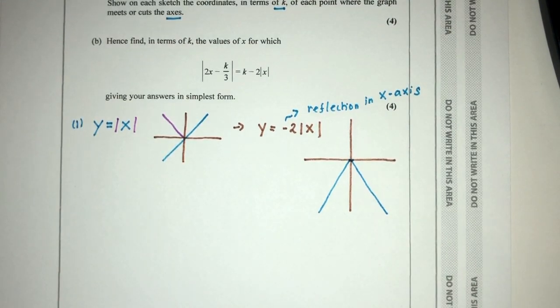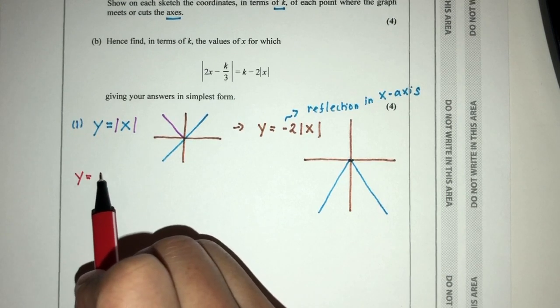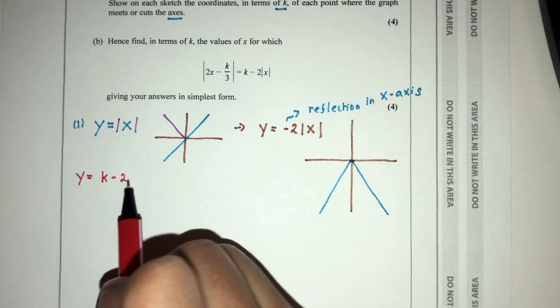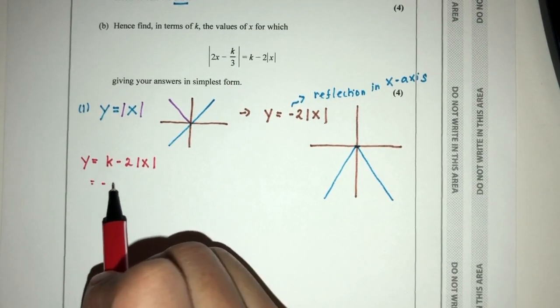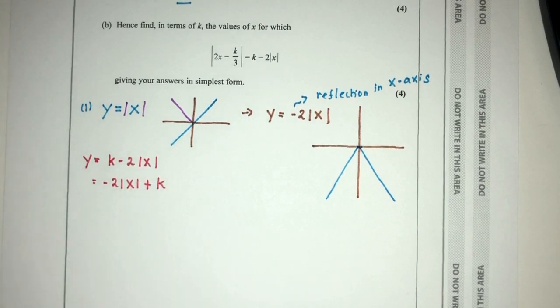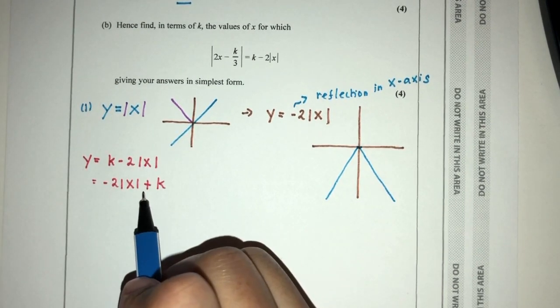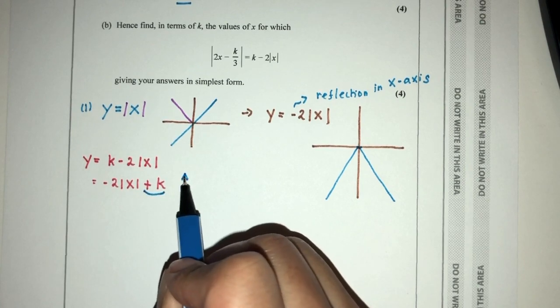Now finally, for the graph of y equal to k minus 2 modulus x. It is the same thing as saying minus 2 modulus x and plus k. Now we know k is positive, but what does this mean usually? When you add this constant at the end, it means we go up by the value of k.